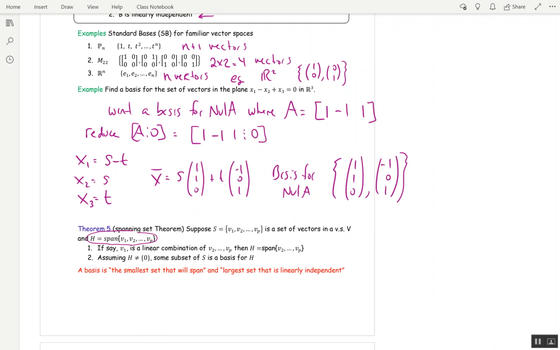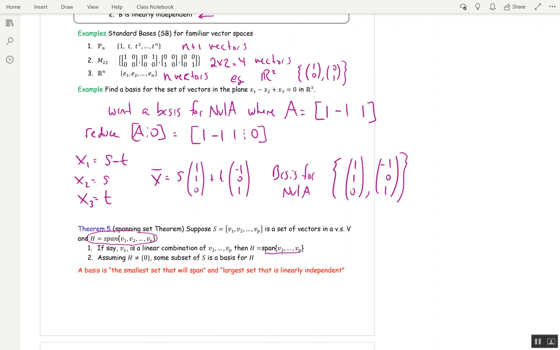So if v1 is a linear combination of v2 through vp, you can toss out v1 and you'll still get H. You can keep tossing out vectors until you have a set that is linearly independent, and that will form a basis for H. So a basis is the smallest set that will span. Anything smaller wouldn't span the whole space. And the largest set that's linearly independent.